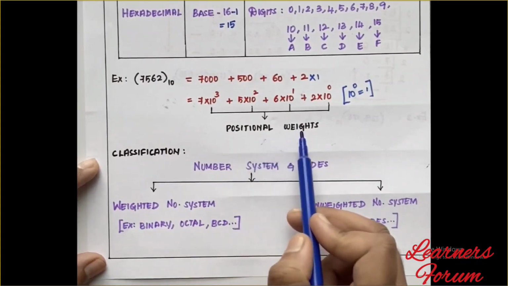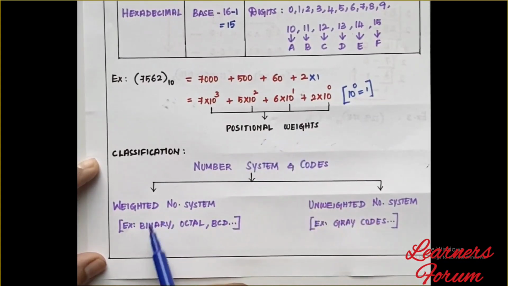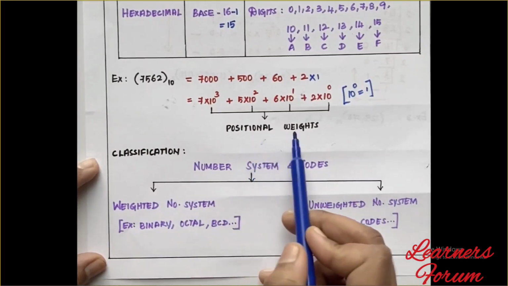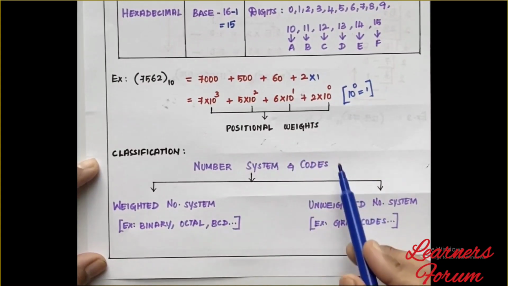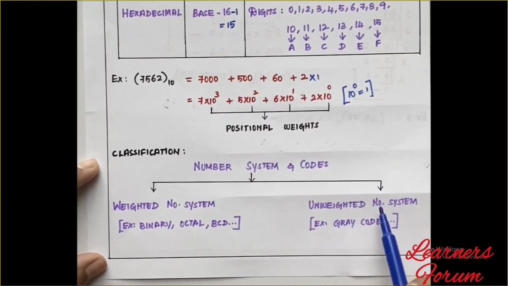Everything is represented in terms of positional weights. That is why this is called a weighted number system. Whereas the second type is the unweighted number system, which means we will not have any positional weights. An example of such a type is gray code. So this is the basic difference between the weighted number system and unweighted number system.